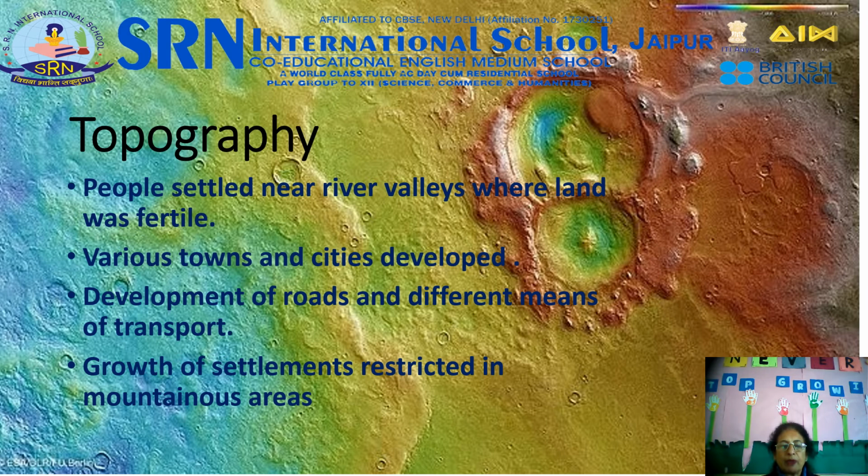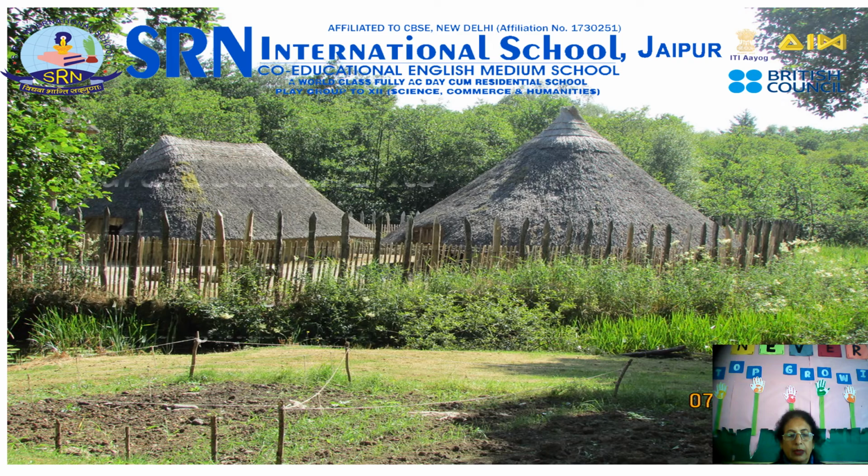Because of its favorable topography, various towns and cities have been developed in the northern plains of India, and in such plains it is easy to develop the different means of transport which facilitate the movement of people from one place to the other. In the mountainous areas, the growth of settlements is restricted because of the rugged terrain and the lack of the means of transport and communication.